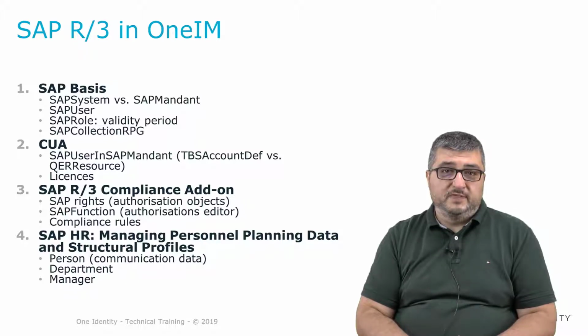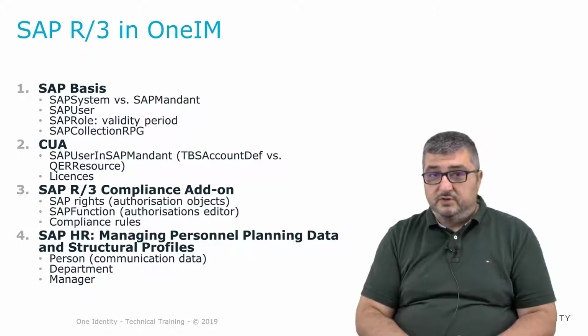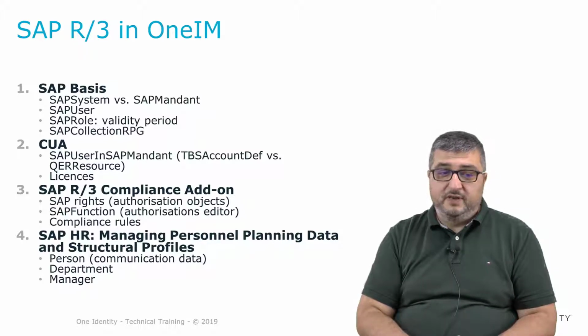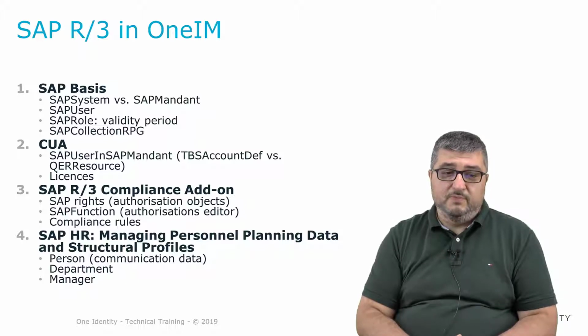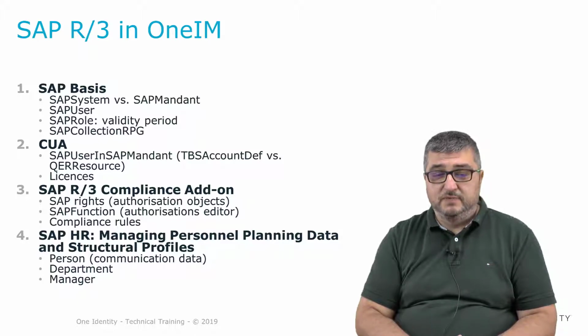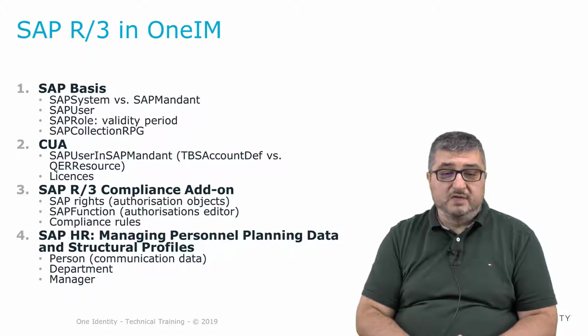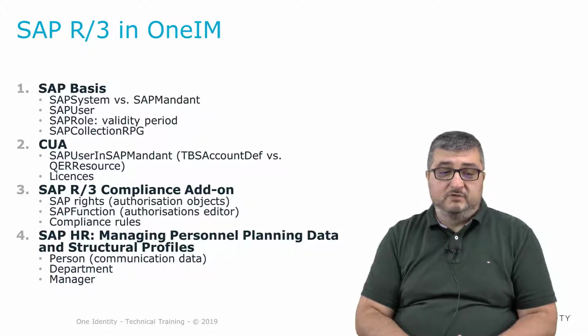All database tables for SAP start with the module name SAP and the specific object type from SAP. So SAP Basis synchronizations will fill tables in the One Identity Manager database, like Subsystem, which is a system representation of an SAP system. Submandant is a client on an SAP system. Subuser is the user account. Subrole is a role, etc.